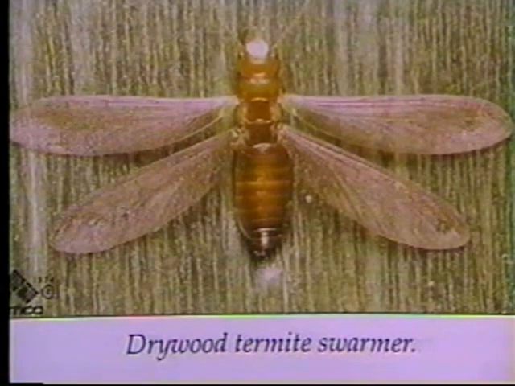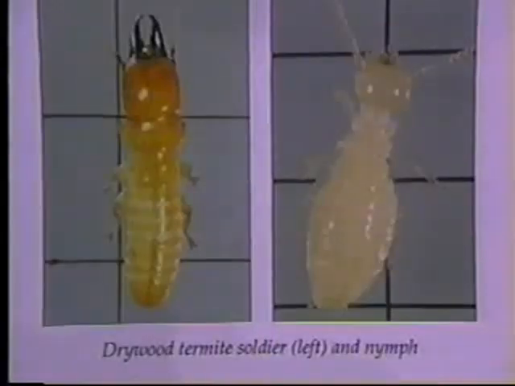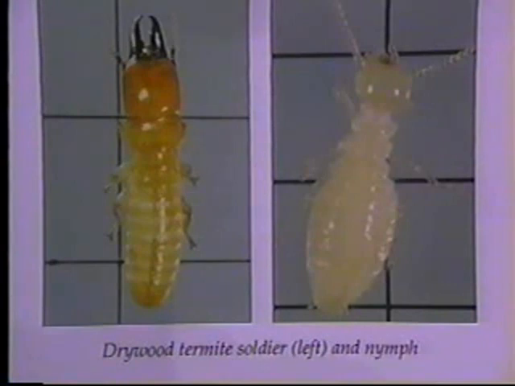After a drywood termite colony has matured, which requires several years, swarmers are produced, as we see here, and swarming activity occurs at dusk or in the evening, and swarmers tend to fly toward areas of greatest light intensity, gathering around lights or illuminated windows. We also have 2 good pictures of the drywood termite soldier, which is on the left, as you see there, and the nymph.